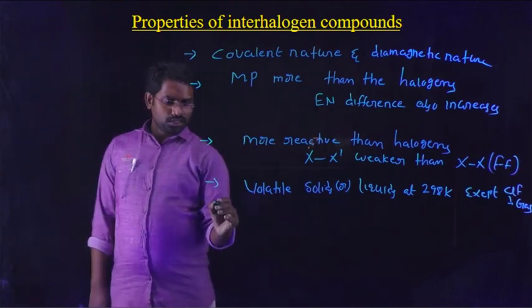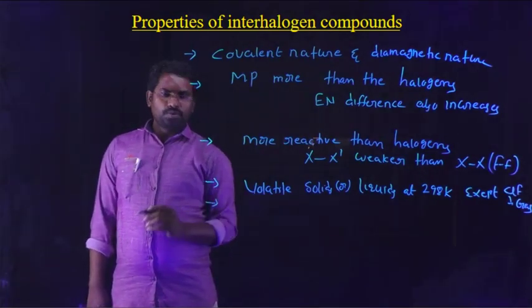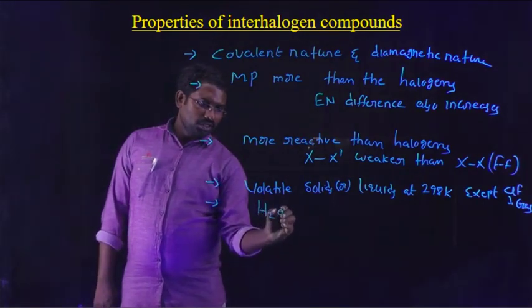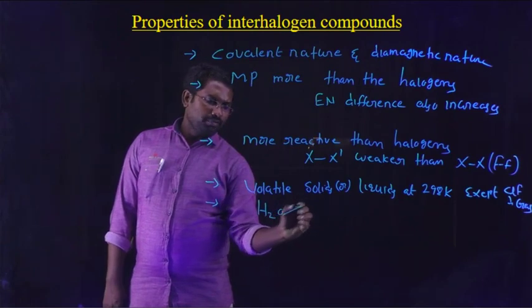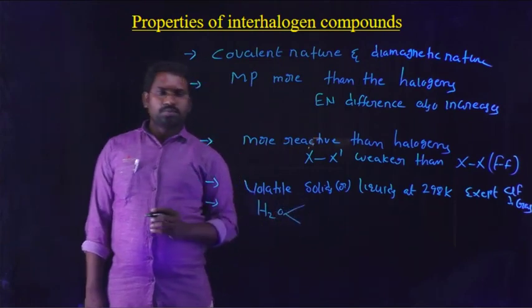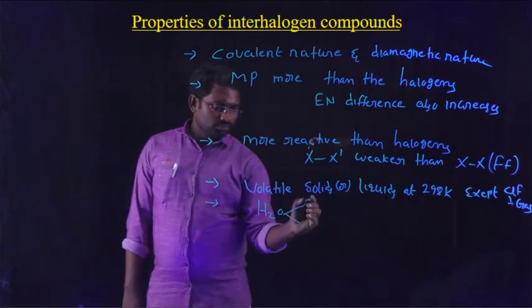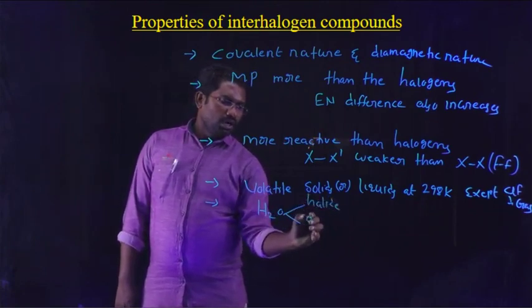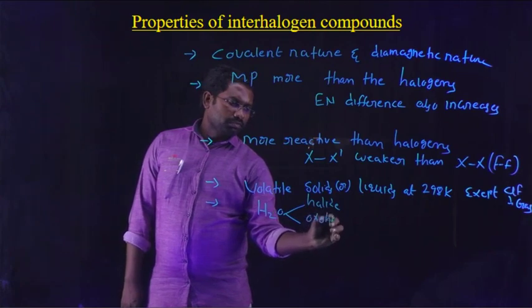And the final thing is, interhalogen compounds react with water to form two types of ions: halide ion and oxohalide ion.